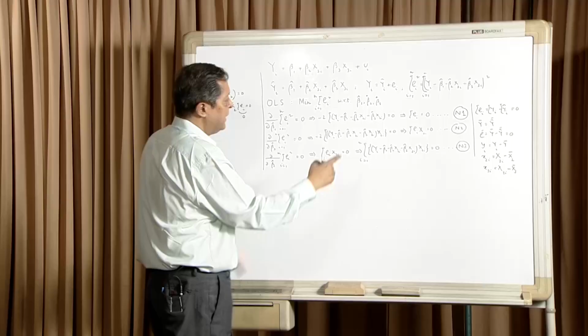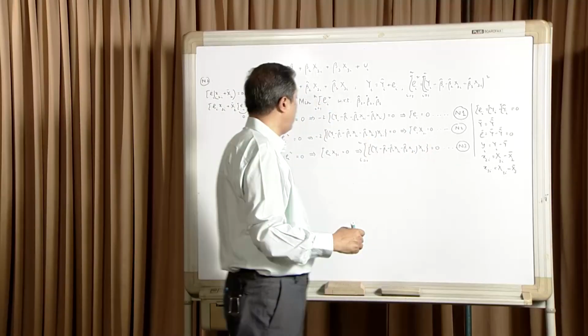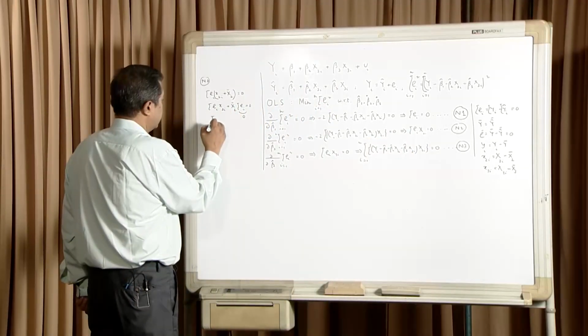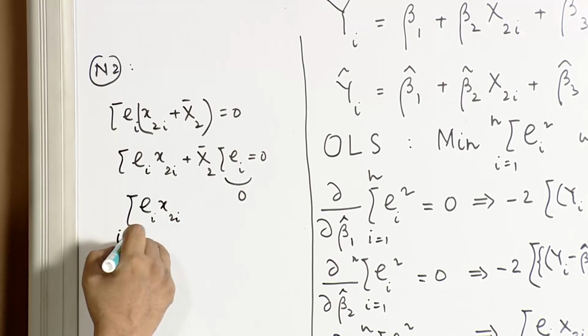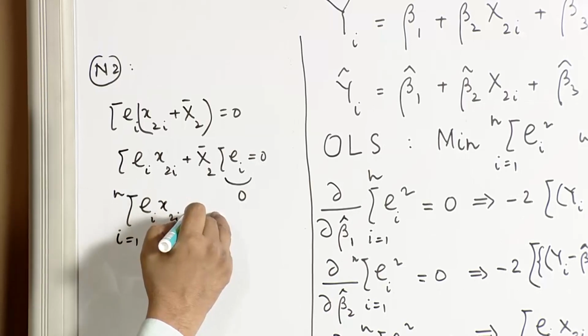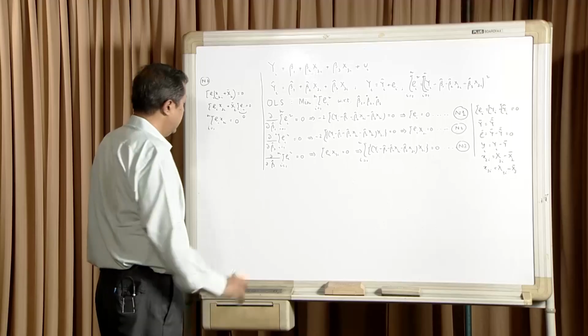Therefore, the second normal equation in deviation form becomes summation e_i x_2i, i running from 1 to n, is equal to 0.